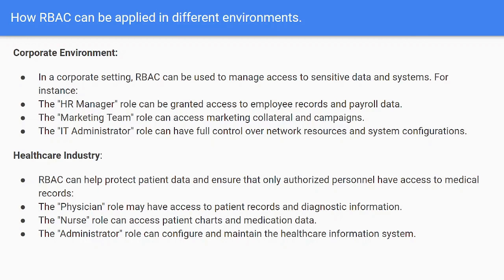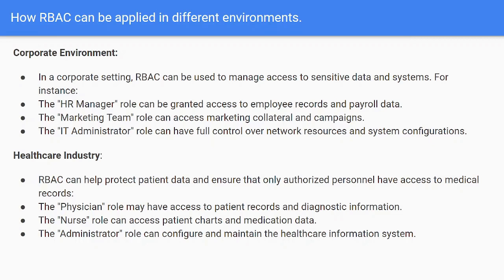Okay, let's look at the corporate environment now. In the corporate setting, role-based access control can be used to manage access to sensitive data and systems. For example, now we are talking about HR management. An HR manager can be granted access to employee records and payroll.